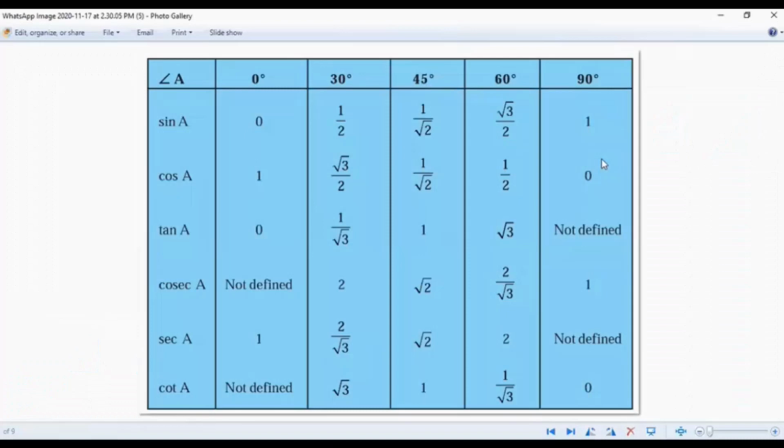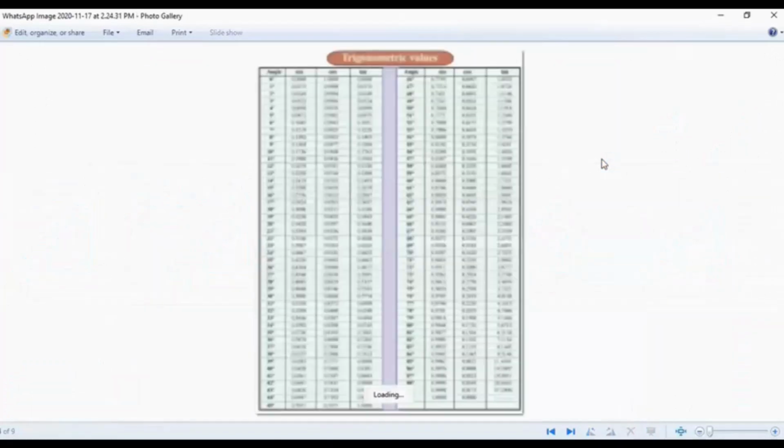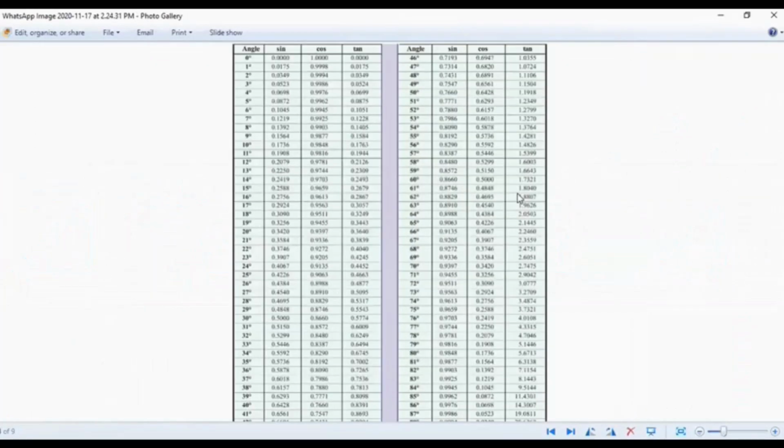So I'll show a table here. Here you can see the values of sine. Just look at the sine values of the angle. Sin 0 degree is 0 itself, and sin 1 degree is 0.0175. We took some approximate values only in this table.